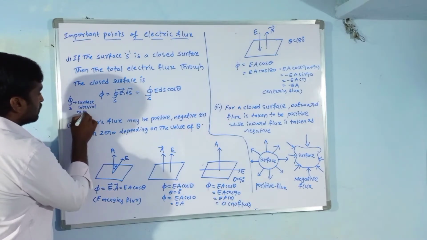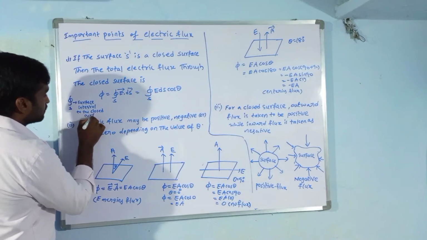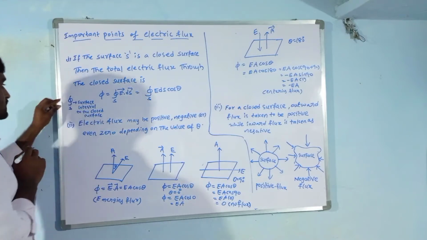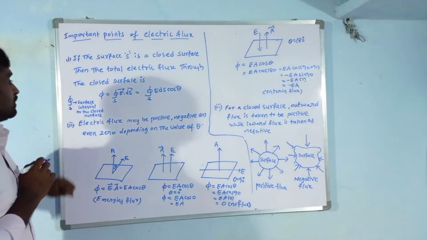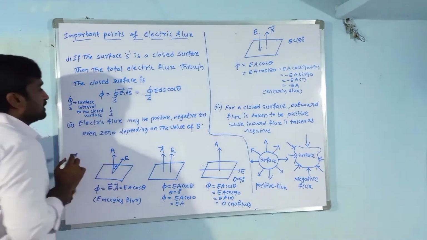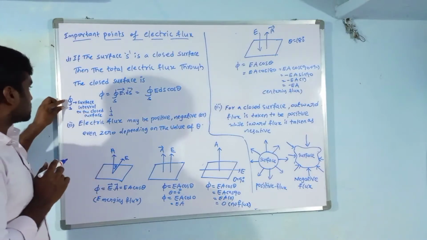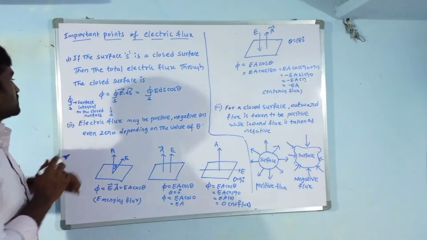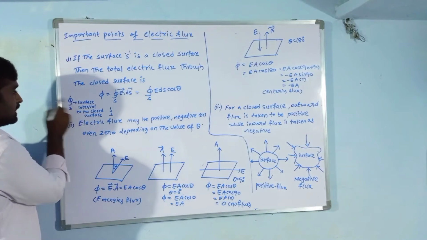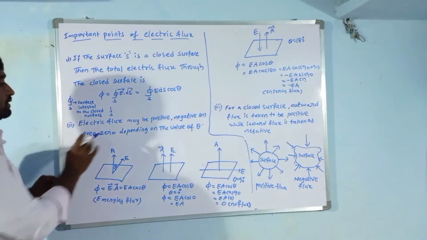Suppose we have only the integration sign with S, this symbol represents only a surface integral. This symbol represents the surface integral for a closed surface. When we use this circle over the integration, that represents a closed surface.